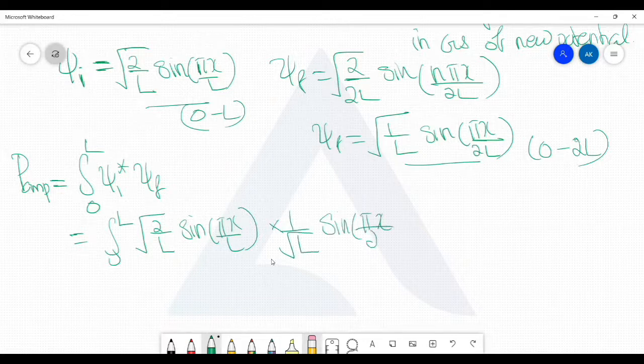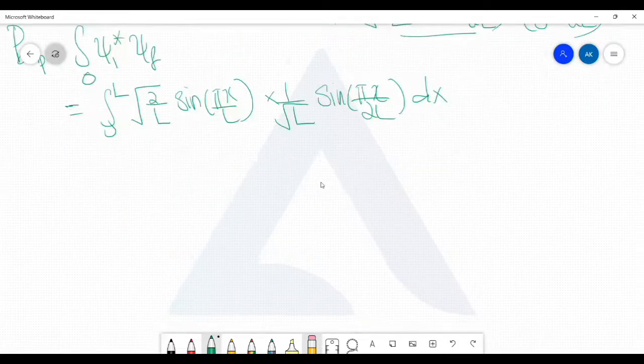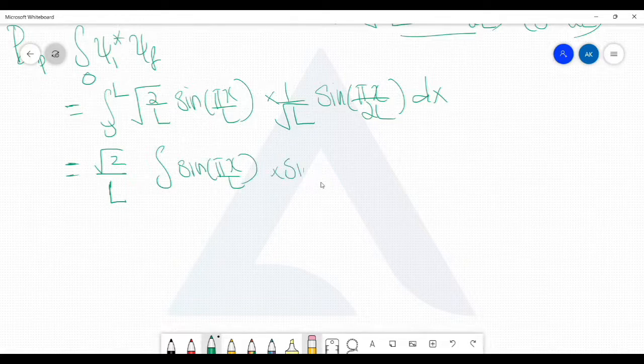x by 2L. At the beginning of this lecture, I will give you a direct result for this integration. If you take it, you get root 2 by L integral sine pi x by L into sine pi x by 2L. This is your m, this is your n. When sine comes, what do we do?